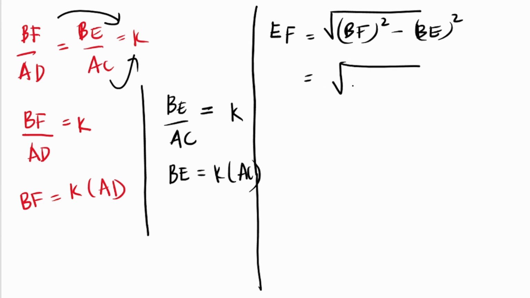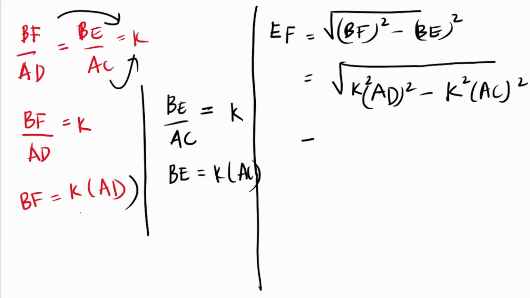BF is nothing but K square into AD square, we already found the value for BF, minus BE, also we have found a value, that is K square into AC square. Here K is common, we'll take the K outside, square will not be there because we are taking it out of the square root. So it is K root of AD square minus AC square.